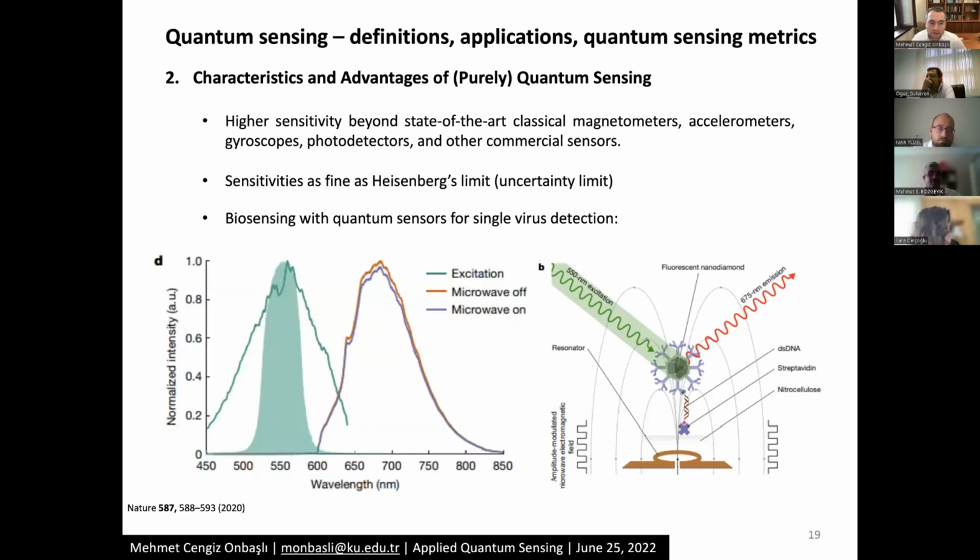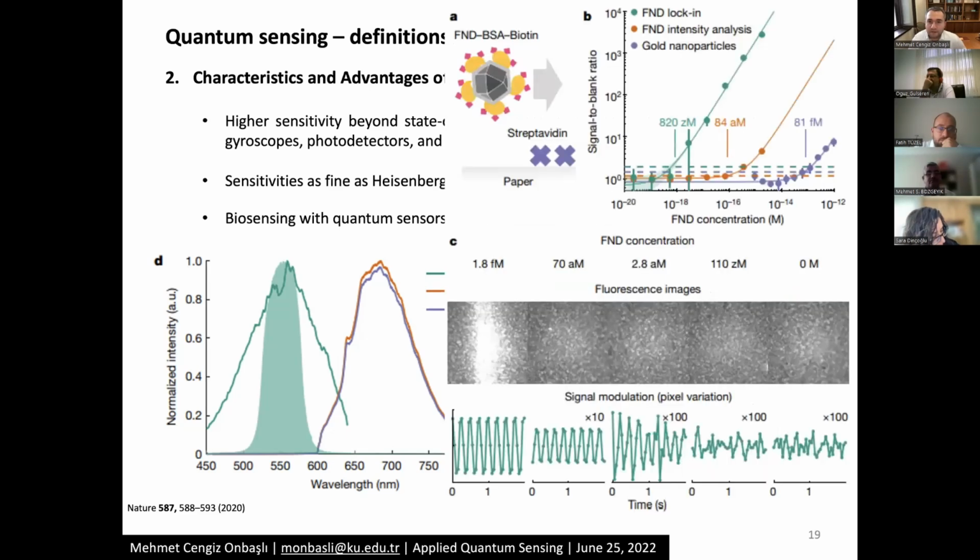And once we do that, we can observe the pump. So we excite with green, and then we read around red or near infrared, and then we turn the microwave on, and we turn it off, so we observe a difference, and this difference can help us pick up our contrast for the virus as well. And the fluorescence peak difference can also be amplified because of the virus binding into the chip.